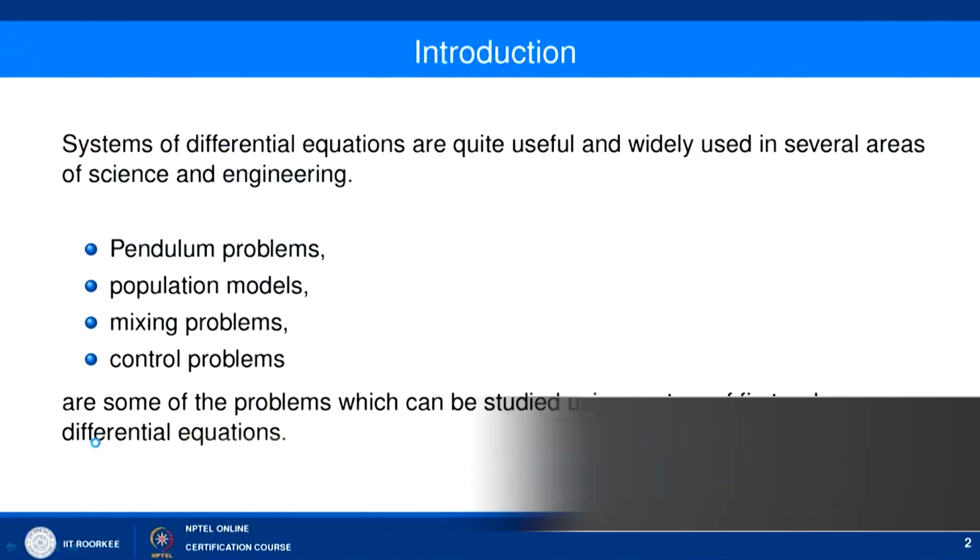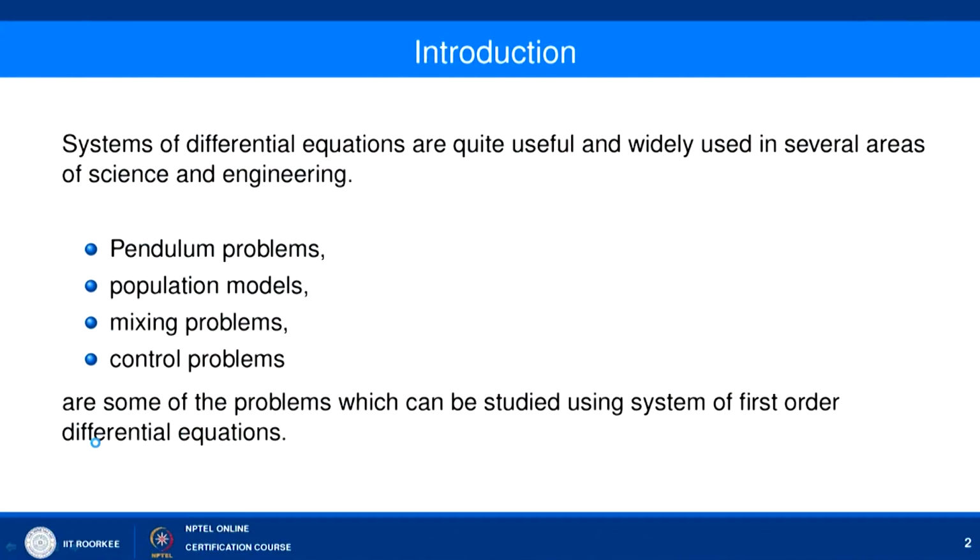In this lecture we will start our discussion on linear systems and their properties, existence, uniqueness, and some properties related to linear systems. First, the systems of differential equations are quite useful and widely used in several areas of science and engineering.